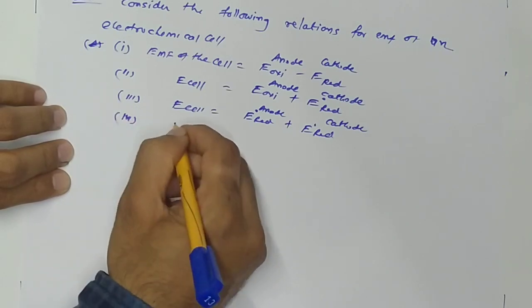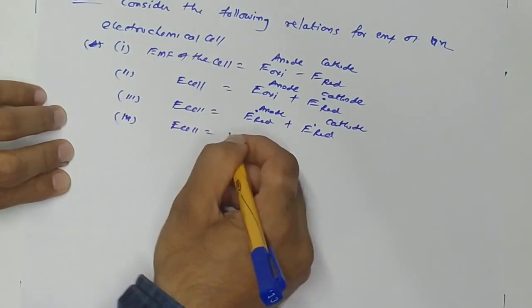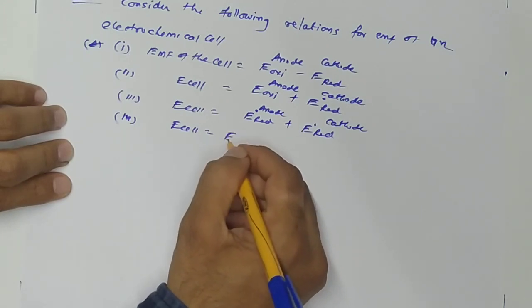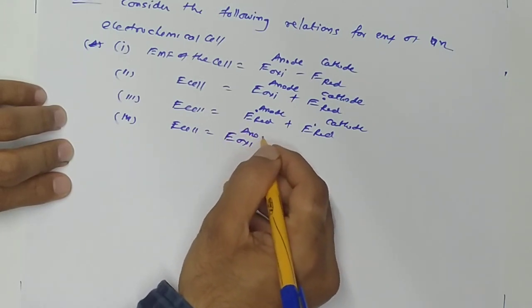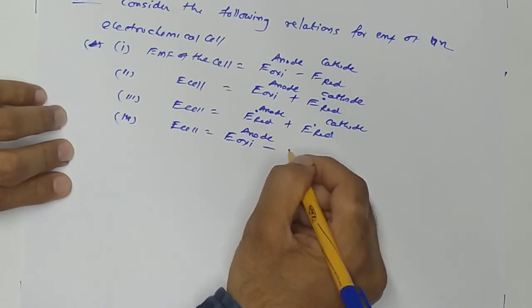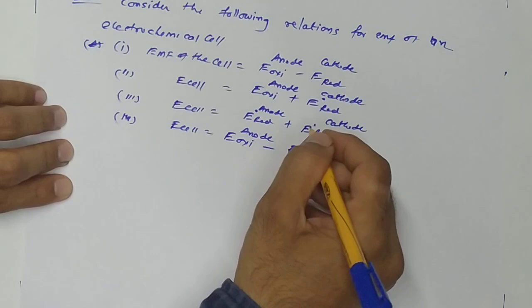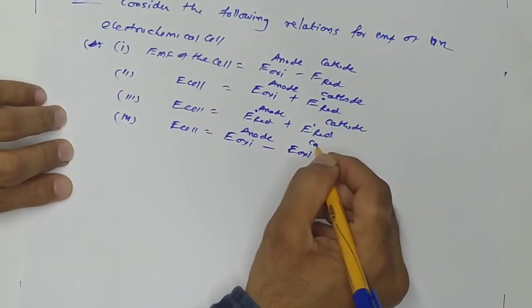Fourth, E cell equals oxidation potential of the anode minus oxidation potential of the cathode.